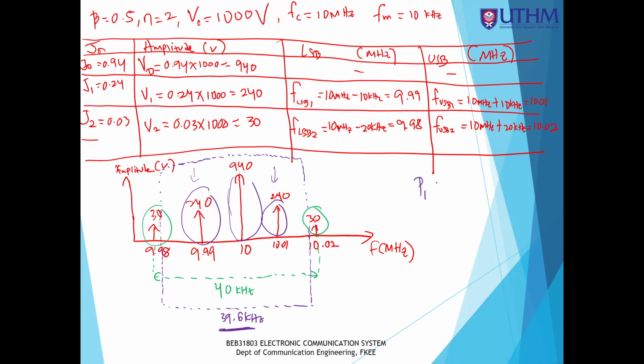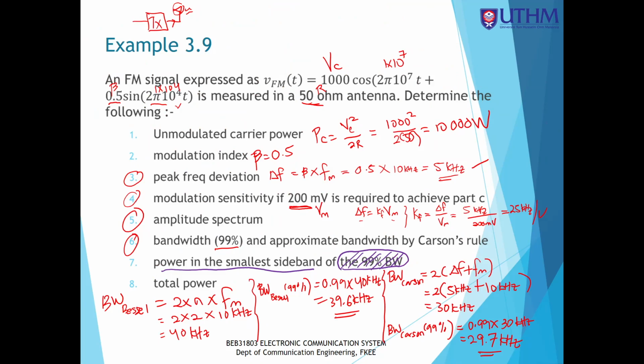P1 is equal to V1 square divided by 2R. So this is 240 square divided by 2 times R, where R is 50 ohm.